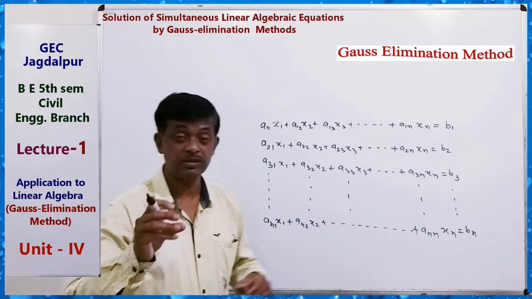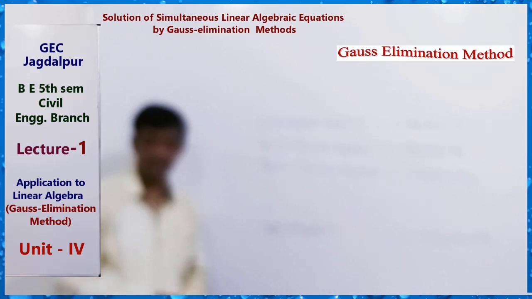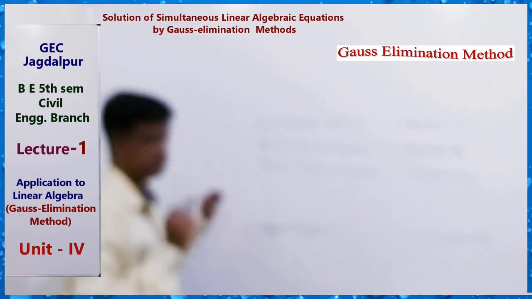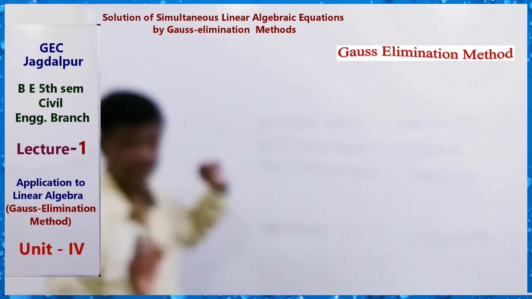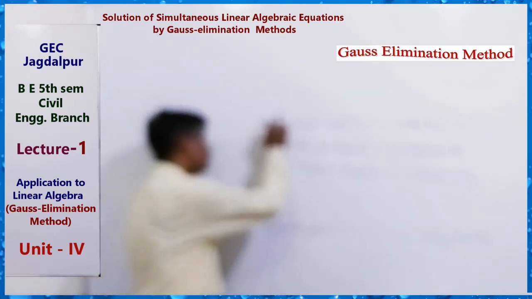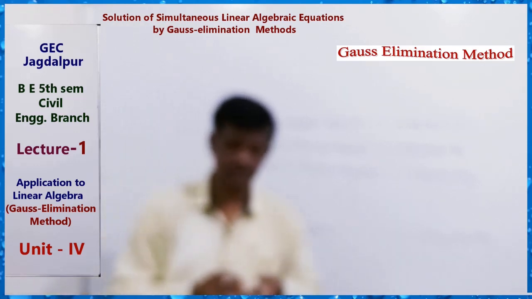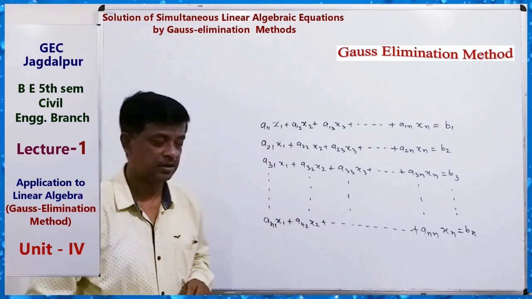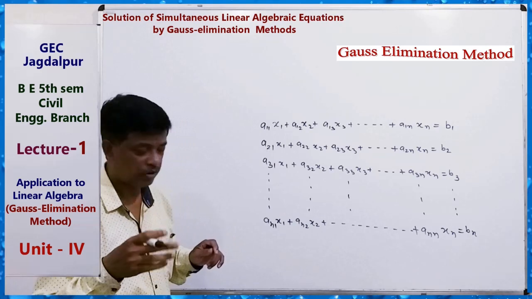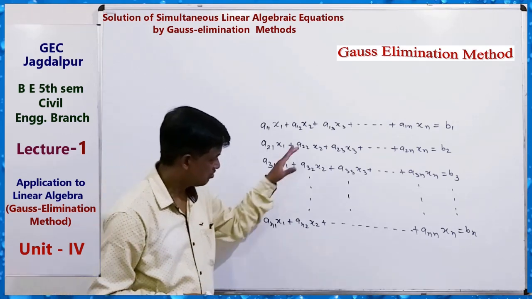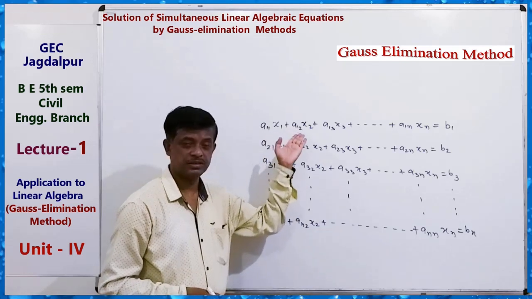But roughly, what is the method? Suppose this is the system. First of all, we decide that the first unknown is x1. Step by step, our target is to eliminate unknowns one by one from the equations below the first equation.